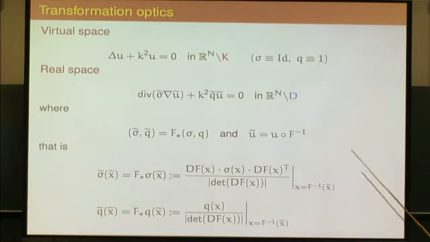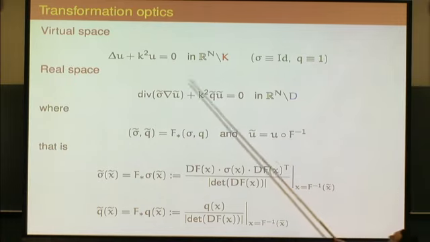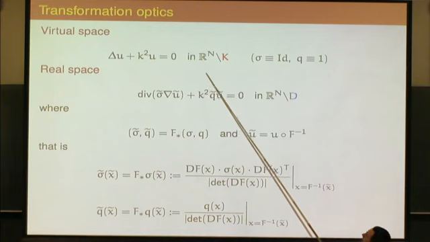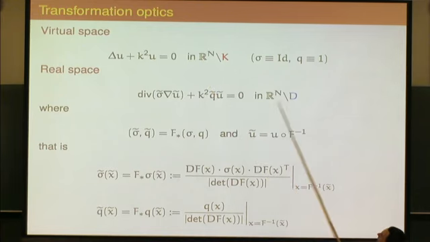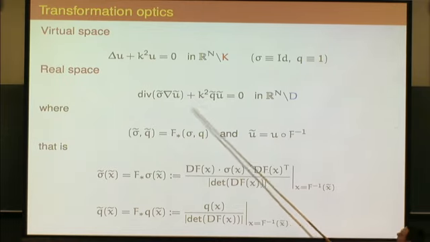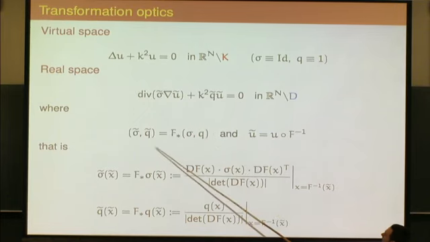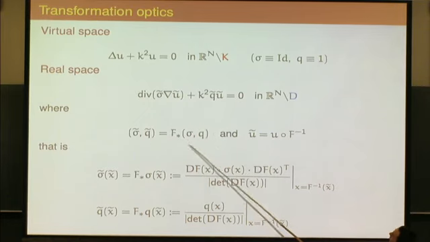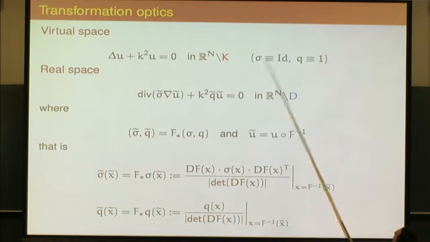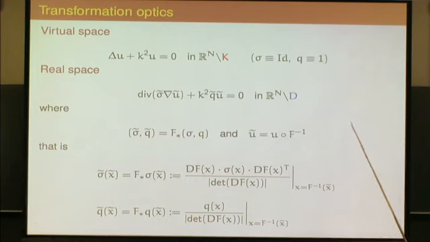In the virtual space, you are solving the usual Helmholtz equation outside k. In the real space, when you do the transformation optics, you are solving this kind of equation, where the coefficients are given by the pullback of sigma and q, where sigma and q are this one in this case, and the solution is simply the transformation of the solution to the previous problem. And this is the rule for how the coefficients go.